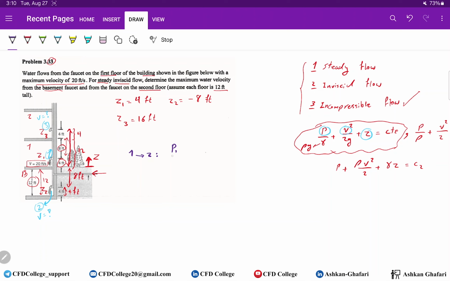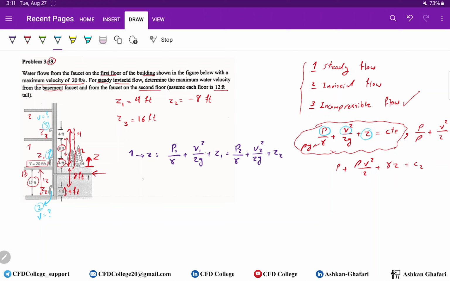P1 over gamma plus V1 square over 2G plus Z1 equals P2 over gamma plus V2 square over 2G plus Z2. What do we know?